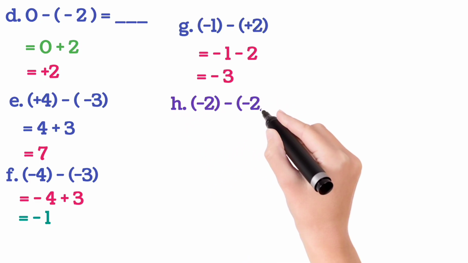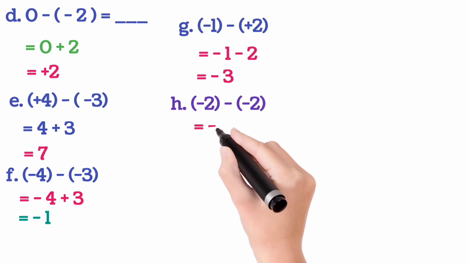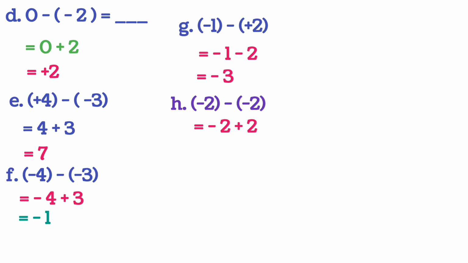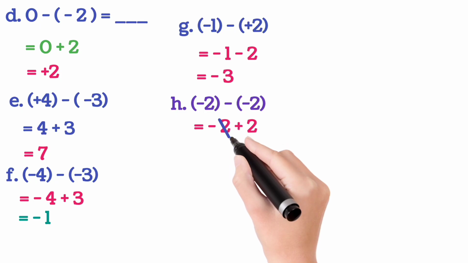Minus 2 minus 2. This one is very interesting. Listen properly. Now let us solve first. Now see, your target floor is minus 2 and starting floor is also minus 2. So minus 2 minus plus 2. Same number, opposite sign, so additive inverse.